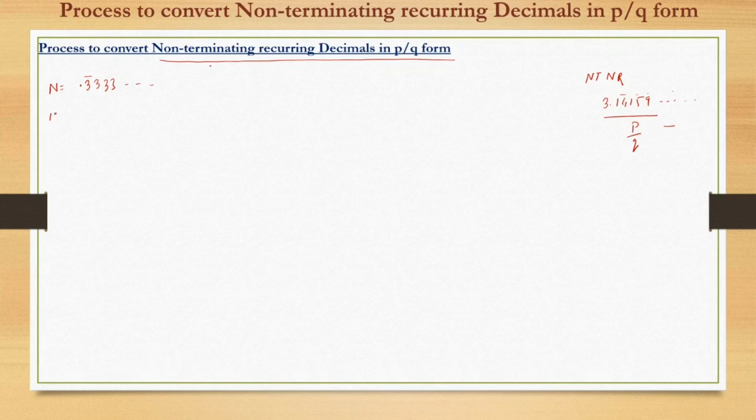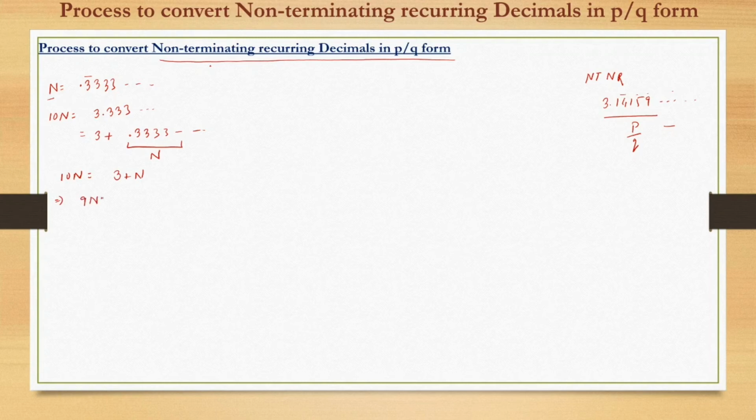So we can write 10n is equal to 3.333 and so on. This number we can write as 3 plus 0.3333 and so on, which is nothing but this n. So we can write 10n is equal to 3 plus n.